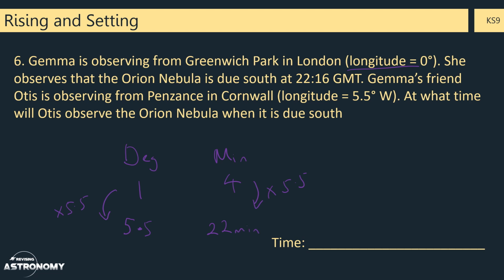So there will be a 22 minute gap in time, and because Otis is west, Otis will see it later. So we want to take 22:16 and add on the 22 minutes. If we do that, Otis will see the nebula culminating at 22:38 GMT.